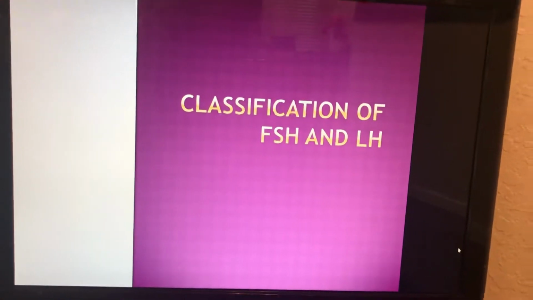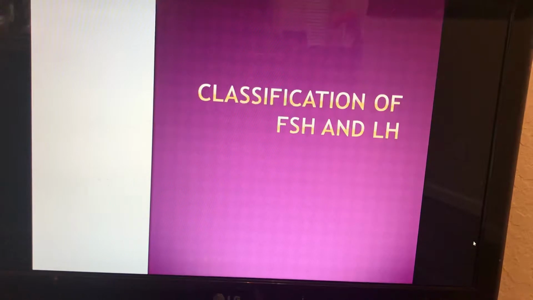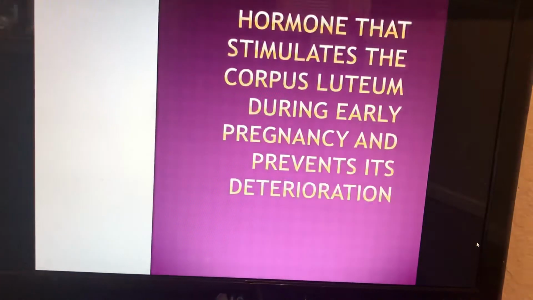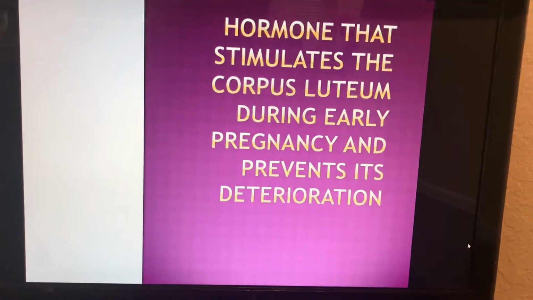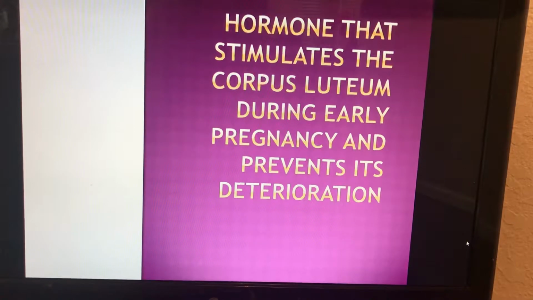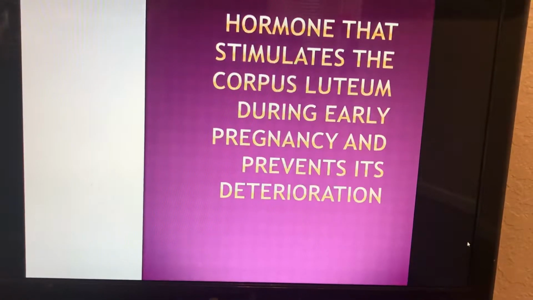Classification of FSH and LH. Gonadotropins. Hormone that stimulates the corpus luteum during early pregnancy and prevents its deterioration. HCG.